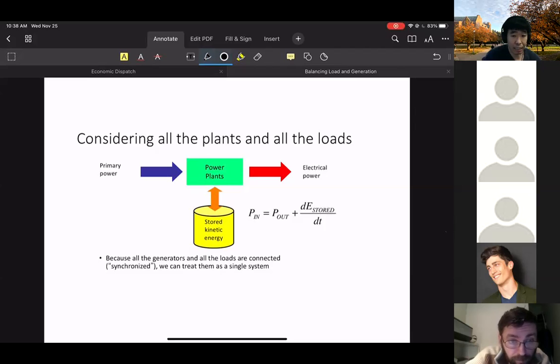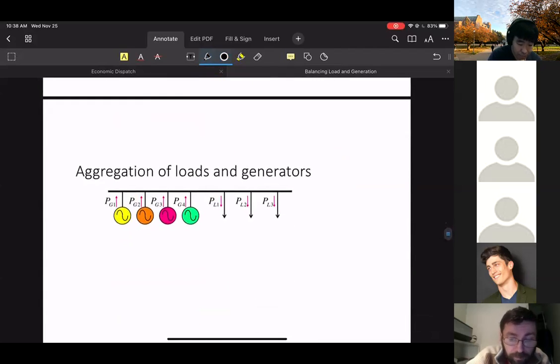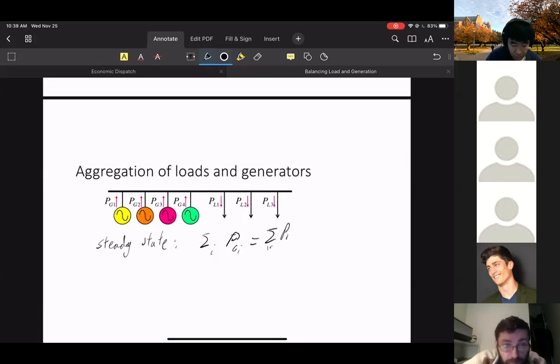So at steady state, the sum of all the generation of the generators equals the load. If they're equal, this implies that f, the frequency, is constant. The frequency, 60 Hertz, is constant.